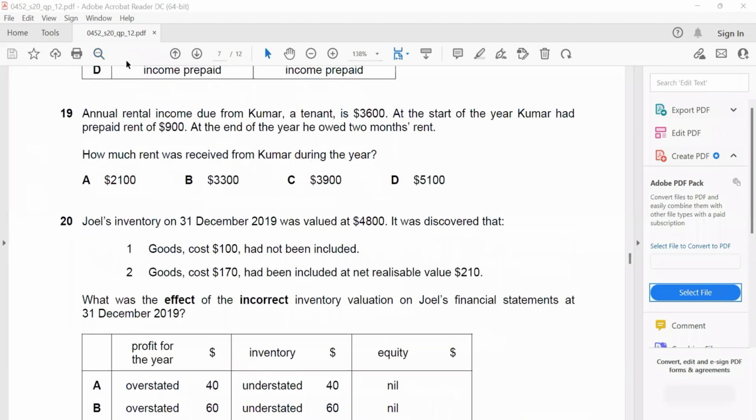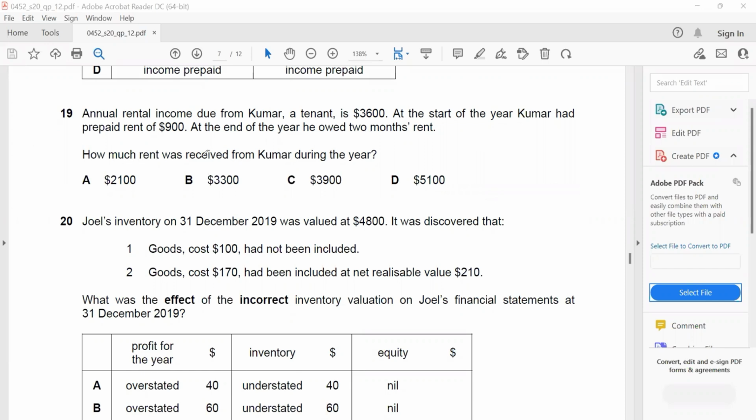Question 19. Annual rental income due from Kumar, a tenant, is 3,600. At the start of the year, Kumar prepaid rent of 900. At the end of the year, he owed 2 months.